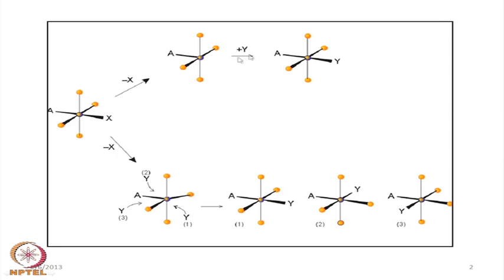So, this particular Y is coming from this side and attacking this cobalt center, giving the original compound where the geometry is the same, only the position of X is now occupied by Y.